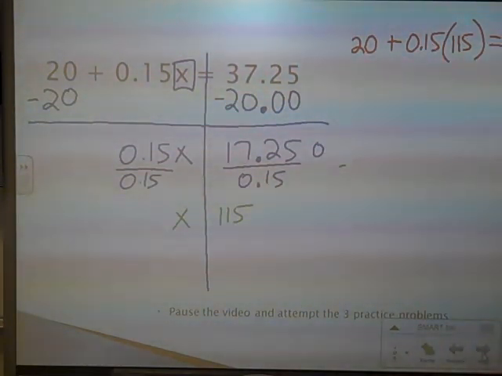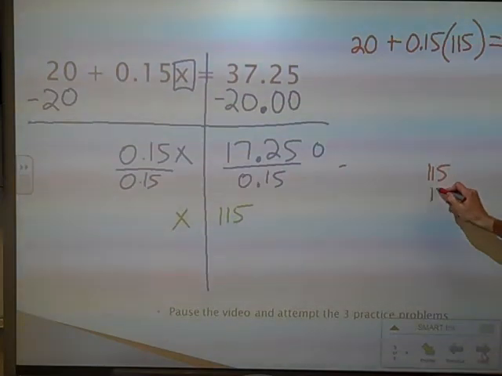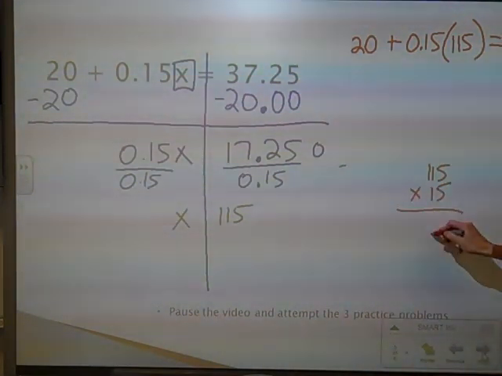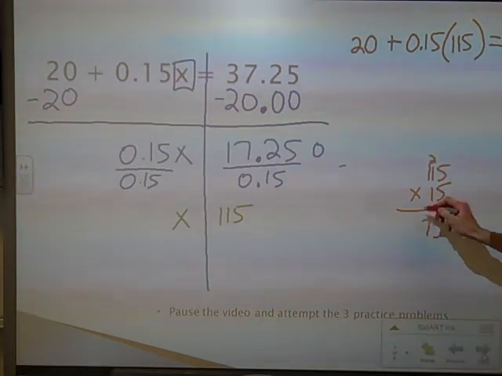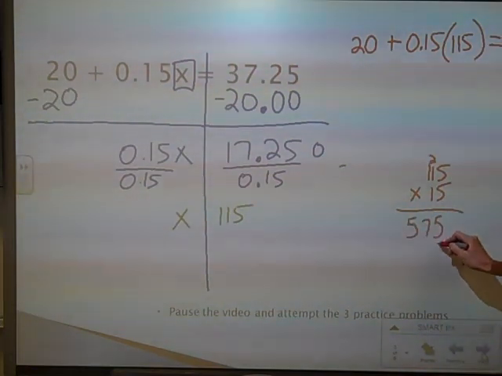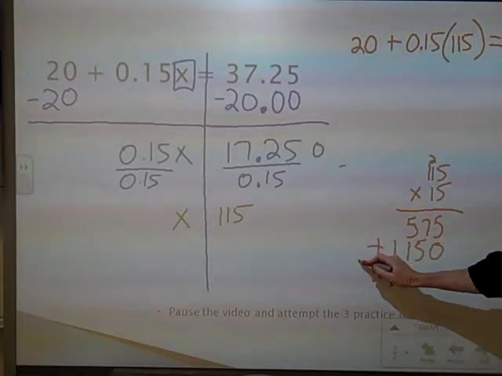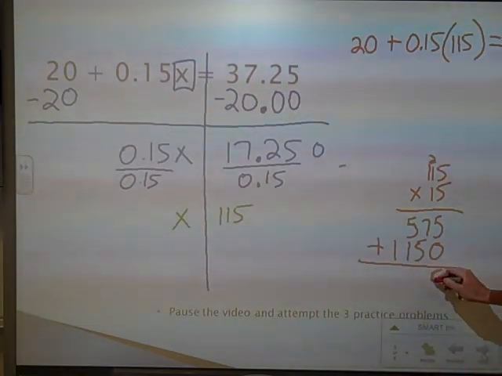I'm going to multiply 0.15 as if it didn't have any decimals, so I move that decimal place over twice. So I get 115 times 15. Go ahead and multiply them out. Add them together.